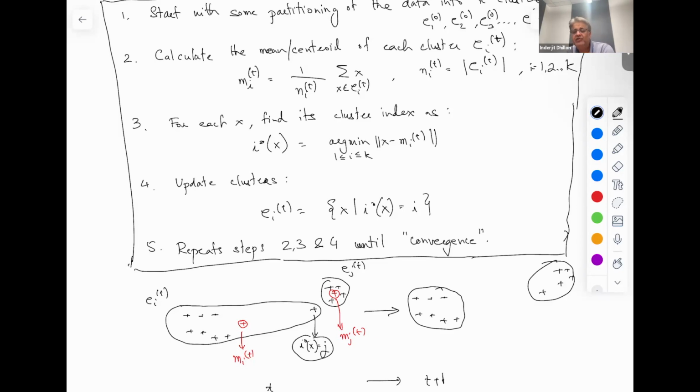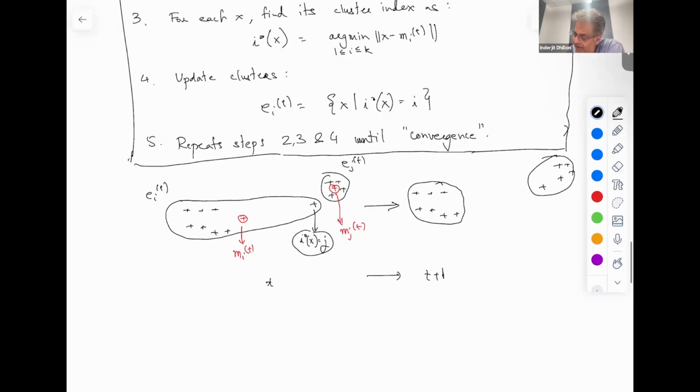Okay. Now the question is, what does this method do, right? We saw on this particular example that it does the right thing, but what can we say in general? Okay, so k-means has a property, which is that k-means monotonically decreases the objective function.